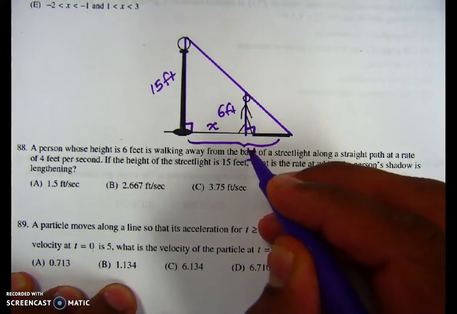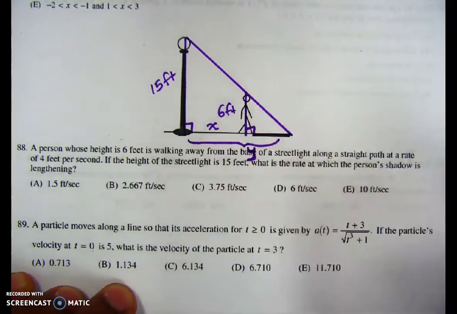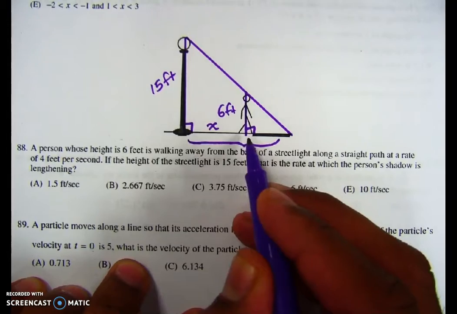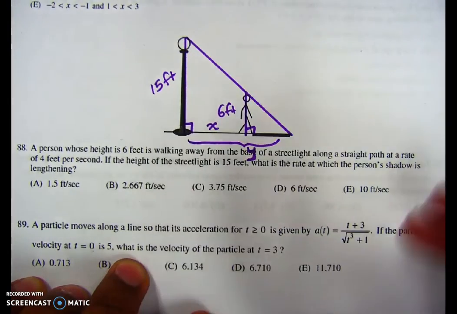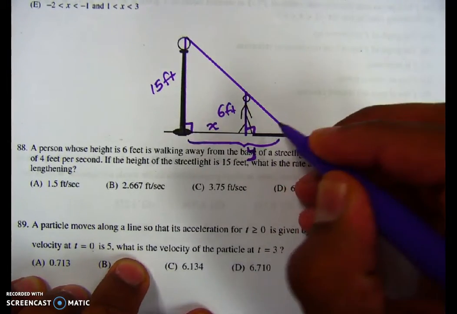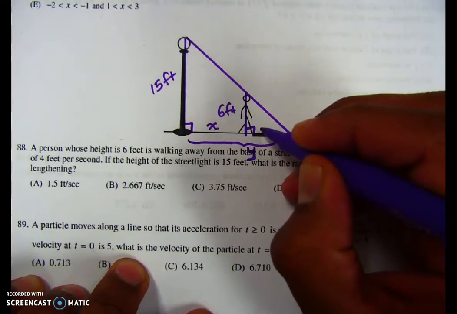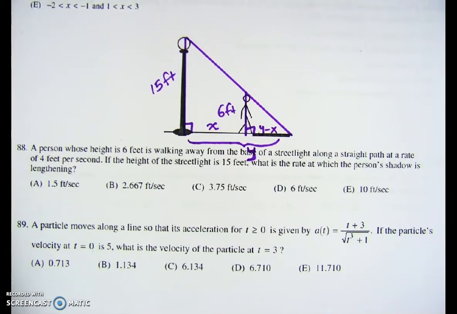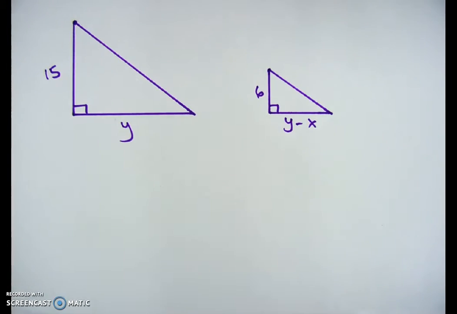We'll call that y. So that's the base for that big triangle, and the base for the small triangle then turns out to be y minus x. So technically you have these two similar triangles.